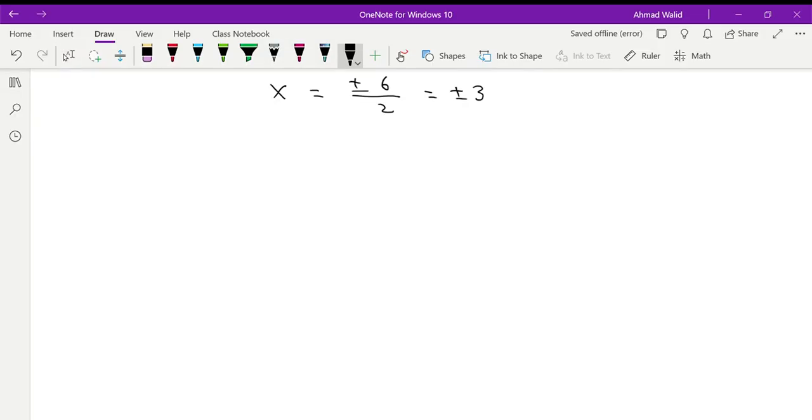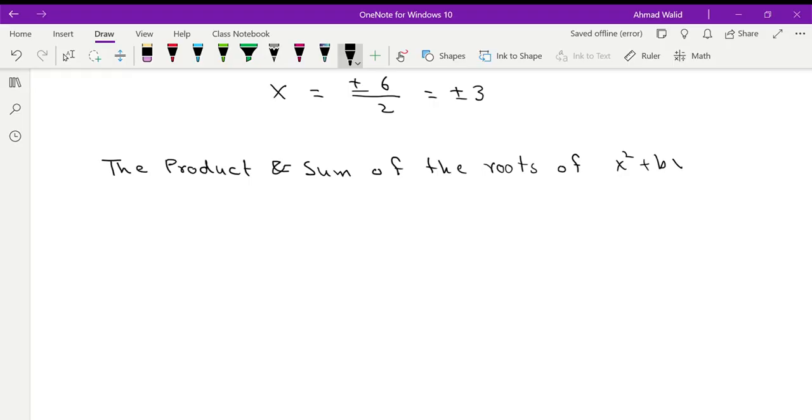The next topic that I want to discuss with you in this lecture is the product and sum of the roots of x squared plus bx plus c equals 0.